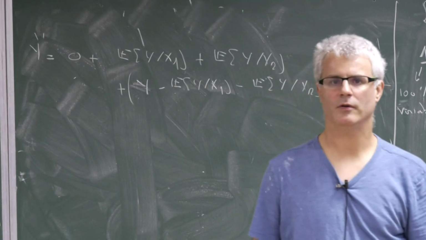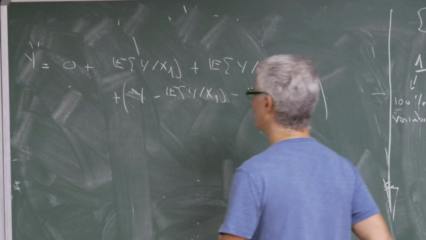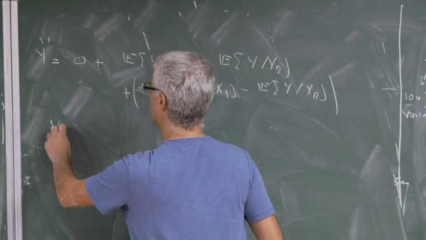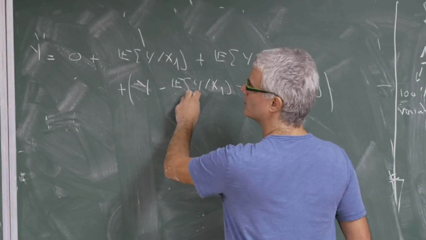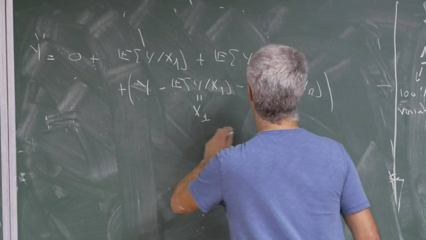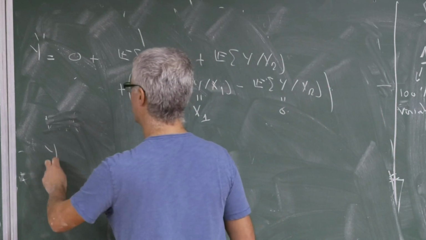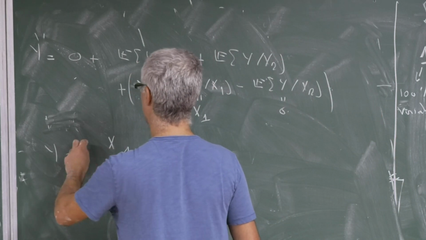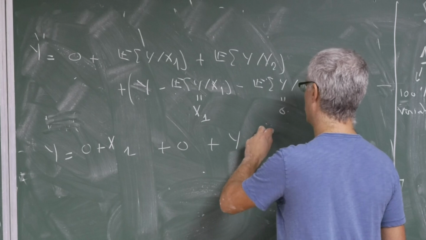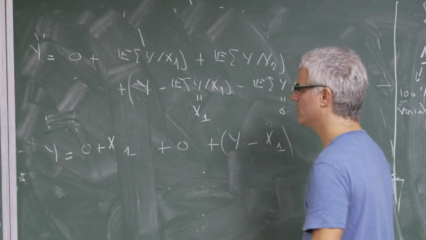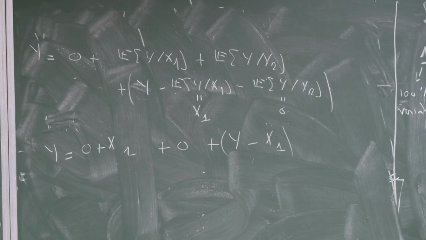In this very simple example, the Hoeffding decomposition is just that. So we need to compute what was x1, and that was 0. So your decomposition is 0 plus x1 plus 0 plus y minus x1. This is my four terms in the decomposition.